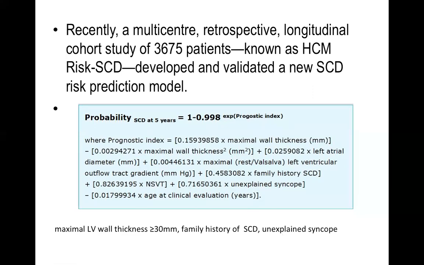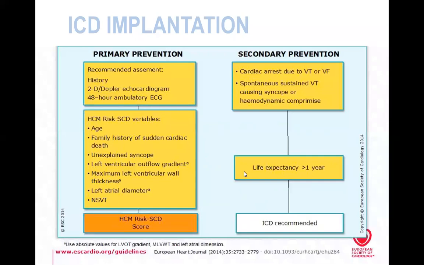So the guidelines for ICD implantation to prevent sudden cardiac death: there are 2 kinds of prevention, primary prevention or secondary prevention. Secondary prevention is for a patient who had a history of cardiac arrest or any high-risk event like VT or VF, and if life expectancy is more than 1 year, ICD is recommended. For primary prevention, the patient has risk variables like age, family history, unexplained syncope or the LVOT gradient, so we need to know the score of this patient.